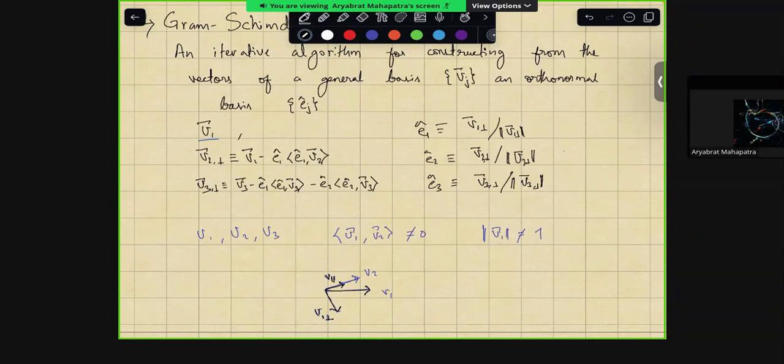That will generate an orthonormal basis. That is what we are doing right here.